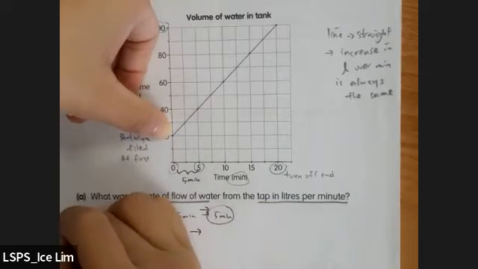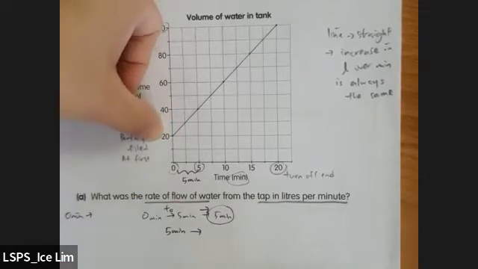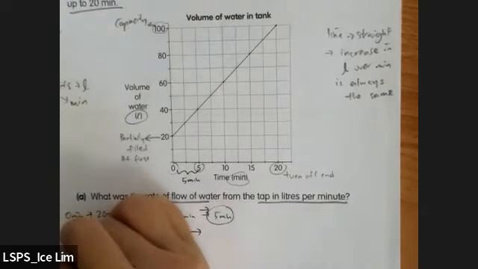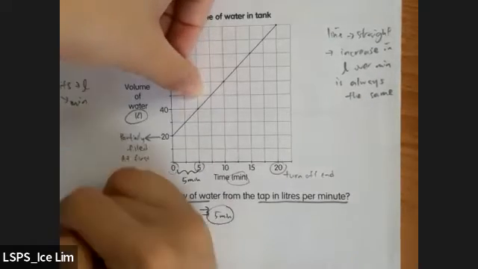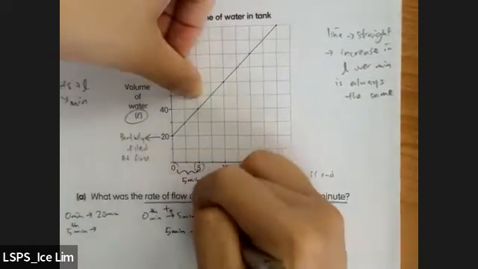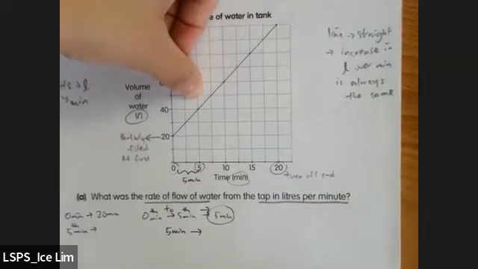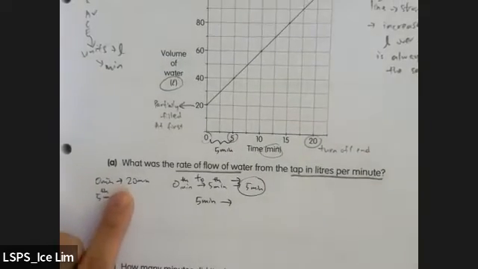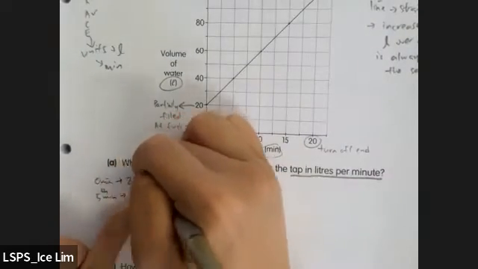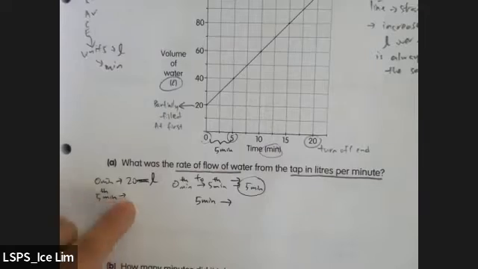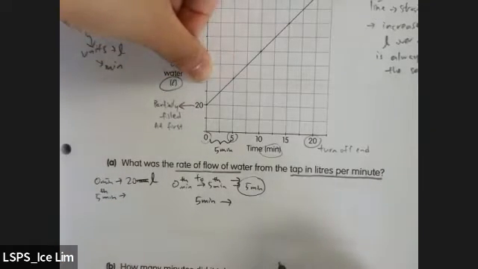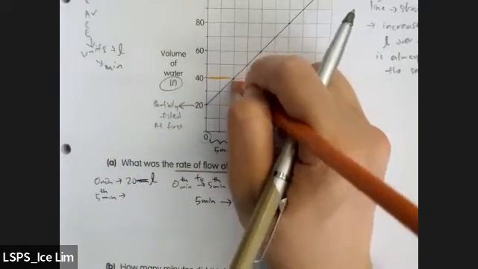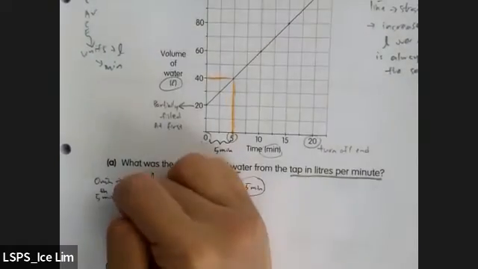So for that 5 minutes of time, at the 0 mark, what was the liters? 20 liters. At the 5 minute mark, what was it? So from the 0 minute to the 5th minute, that's 5 minutes. Are you able to see the graph easily? 40 liters.